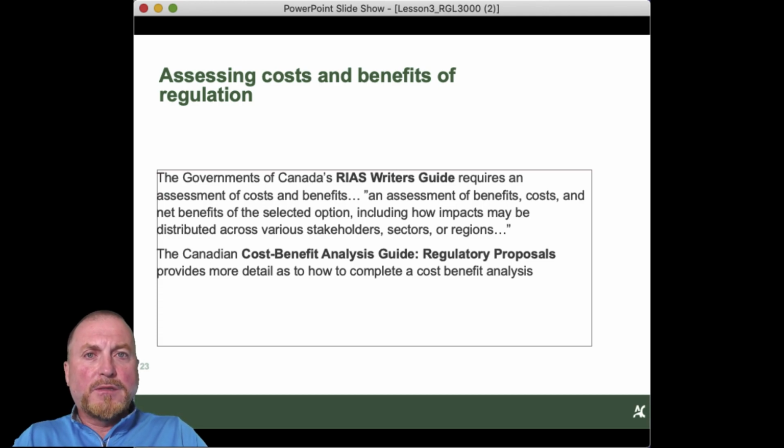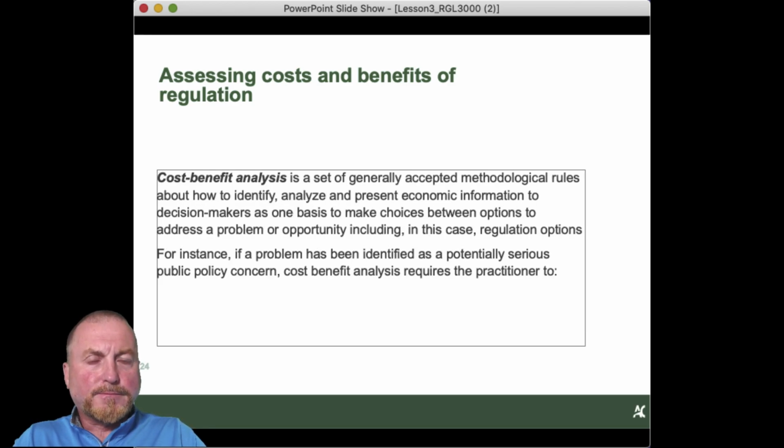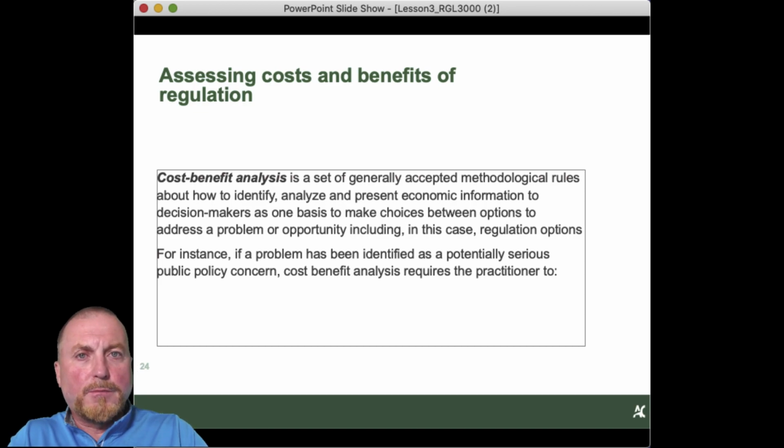That's unlikely in the time and resources that we have in the current skill profile of students, but I need you to understand how a cost-benefit analysis works, because if you're ever faced with one, either within government or within the private sector, you at least know what you're looking at, you know what to look for, you know how to interpret the results of a cost-benefit analysis. Now, economists make it their business to make these things seem incredibly complex, but the cost-benefit analysis methodology itself is quite straightforward.